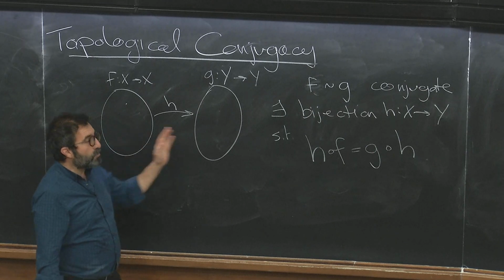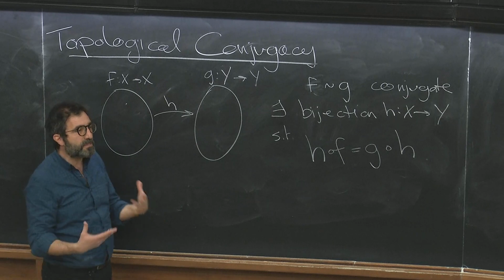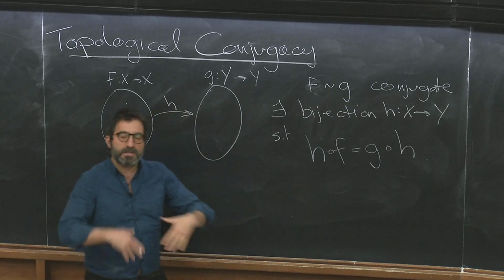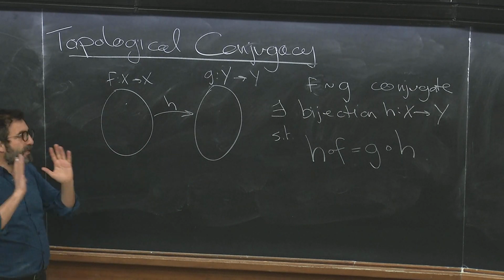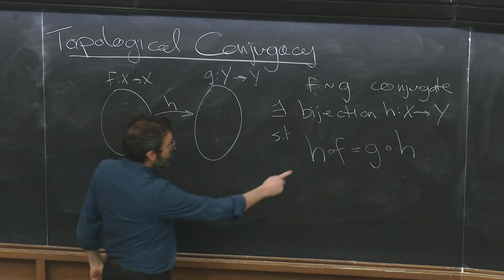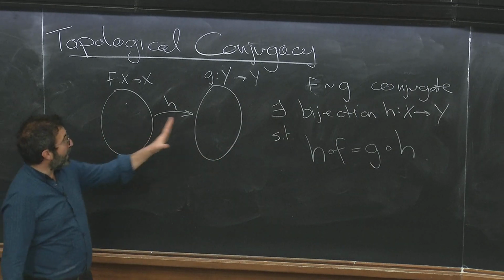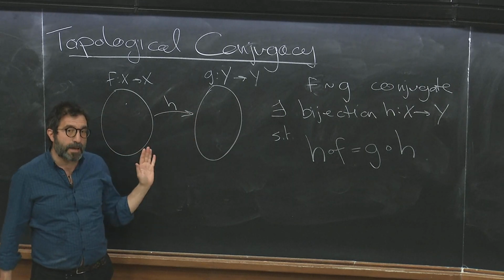If H is a C1 diffeomorphism, so if X and Y are differentiable spaces in which you can define diffeomorphism, then this is called a C1 conjugacy and so on. You can have any kind of Lipschitz conjugacy, any kind of regularity. It depends on the regularity of H.